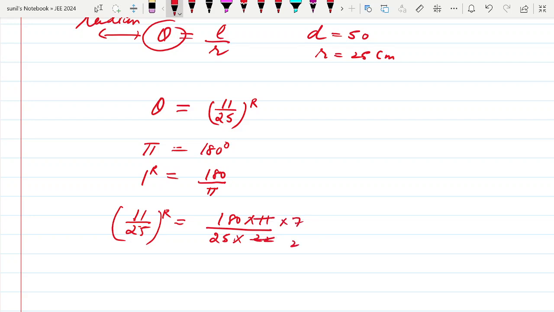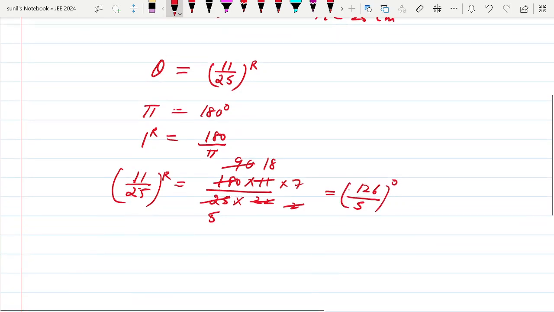So this goes on 2, then this is nothing but, say, 90, and then this is 5, and this goes on 18. This is equal to 126 by 5 degree.